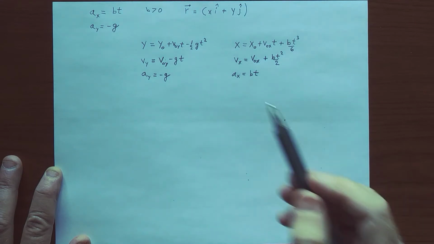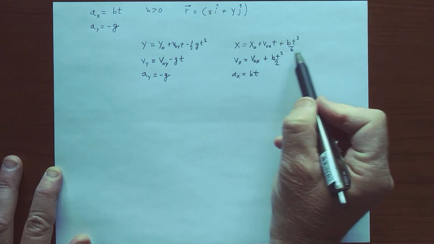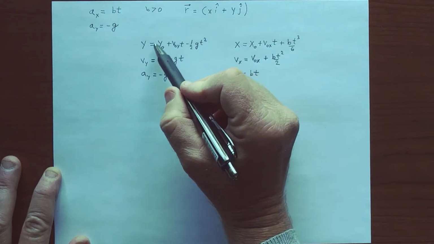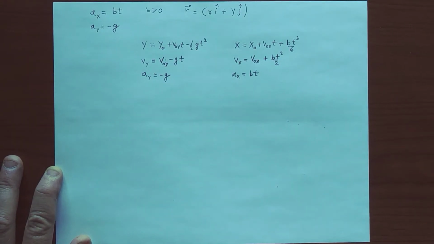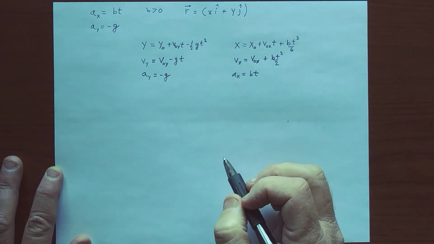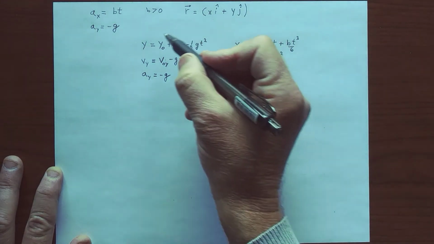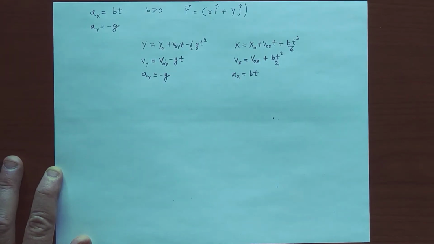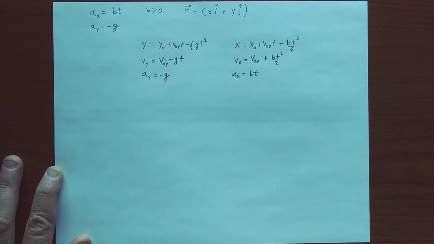And so the position is given by x, this equation as a function of time, i hat, plus this j hat. So notice that the laws that we've derived, these kinematic equations, aren't enough to specify the behavior of this object.